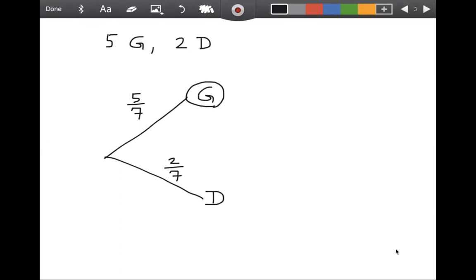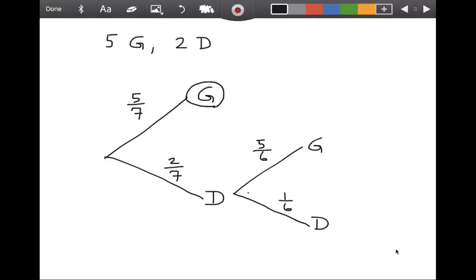Now at this point, we've taken out a defective bulb and we're not going to put it back. So now we have 5 good bulbs and 1 defective bulb. So the probability of picking a good bulb would be 5/6. Probability of selecting a defective bulb would be 1/6.